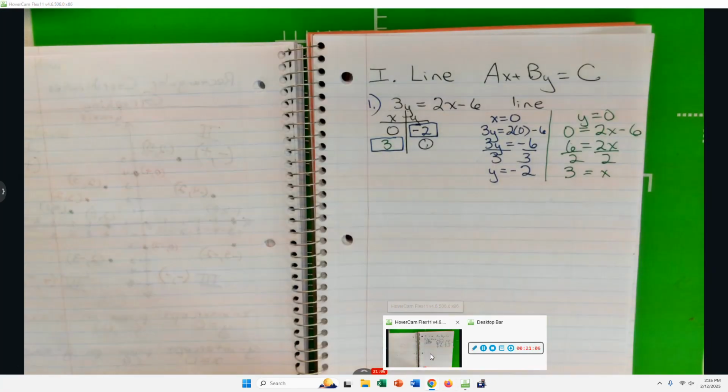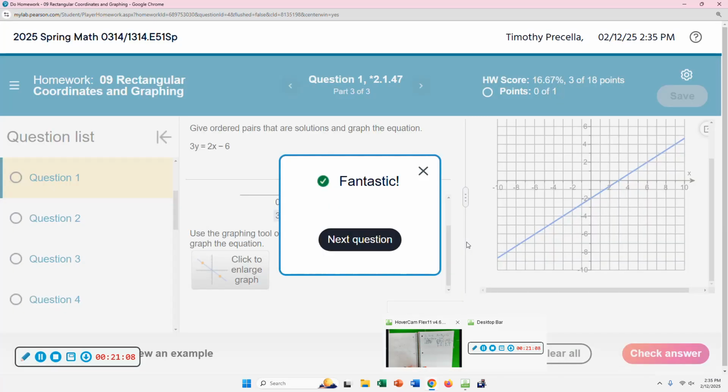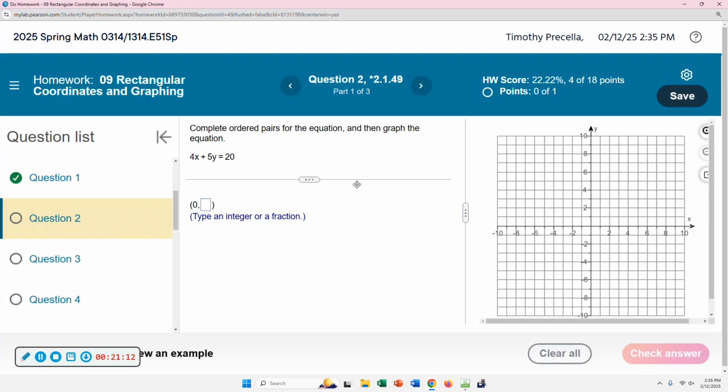Any questions on this? If there are no exponents, no absolute values or square roots, it's a line. What about this one? Looking at number 2, is number 2 going to be a line? 4x plus 5y equals 20. Yes, as a matter of fact, it's written in standard form.